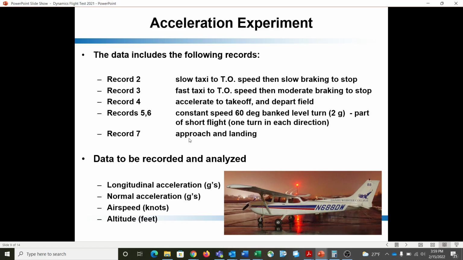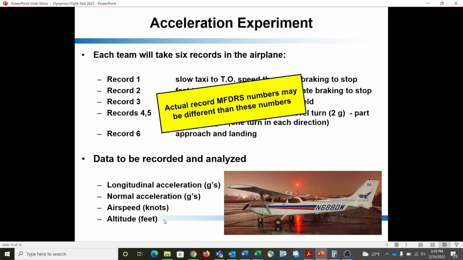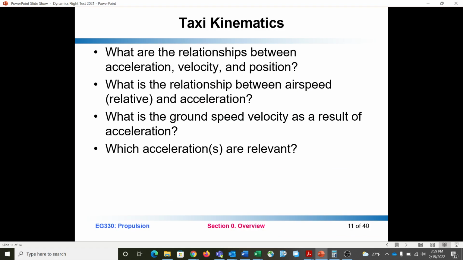And so what we're going to look at is how do kinematics help explain accelerations, airspeeds, and positions? When we think about taxi kinematics, taxi is when an aircraft is on the ground and moving and accelerating, usually.